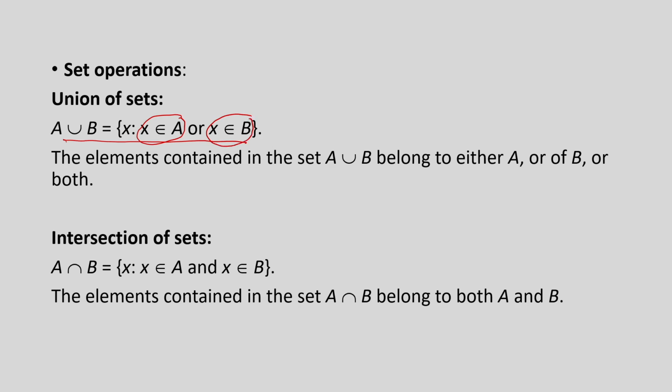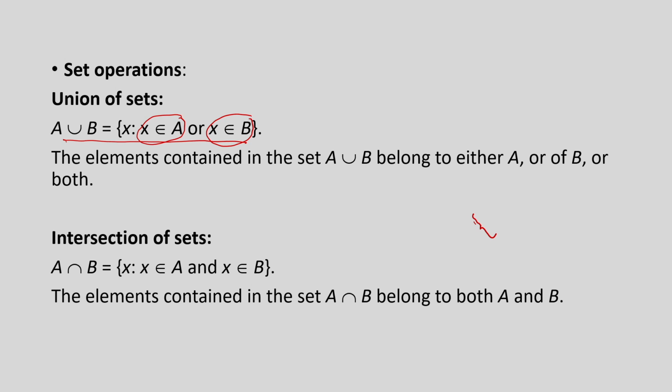So, it means that it belongs to at least A or B, at least to one of them. Now, this also means that it might belong to both actually, right. So, suppose I am giving you an example.